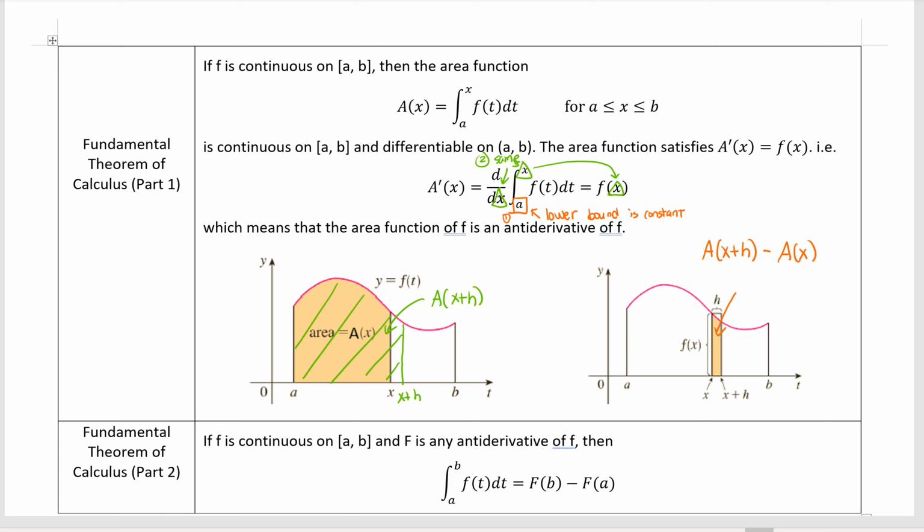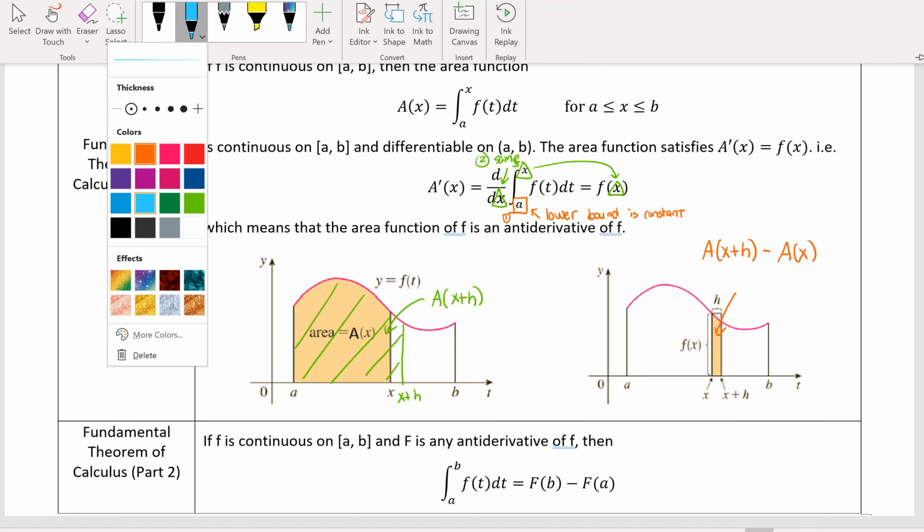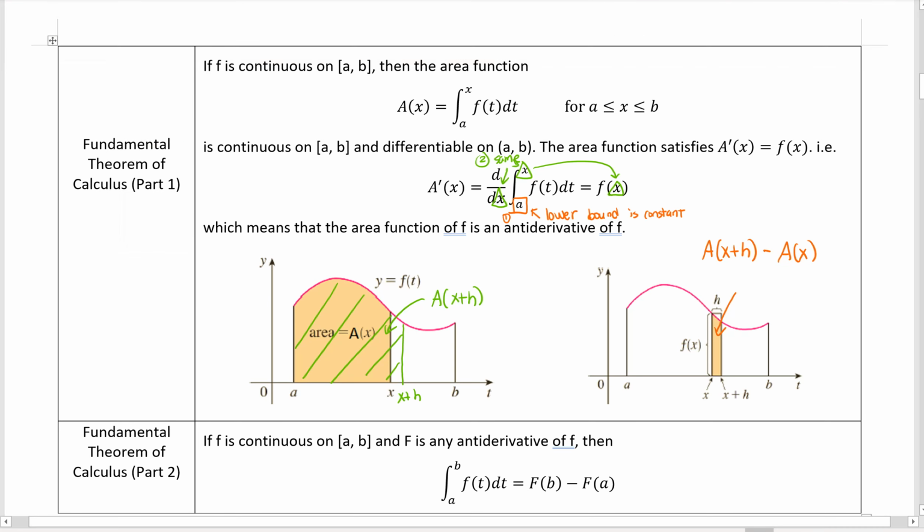So that is A of x plus h minus A of x. Can you see this guy is actually very close to the area of this rectangle? Can you see it's very close to the area of the rectangle?